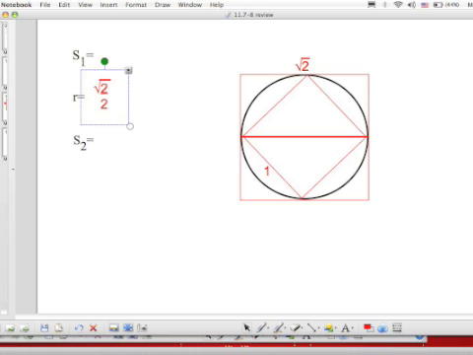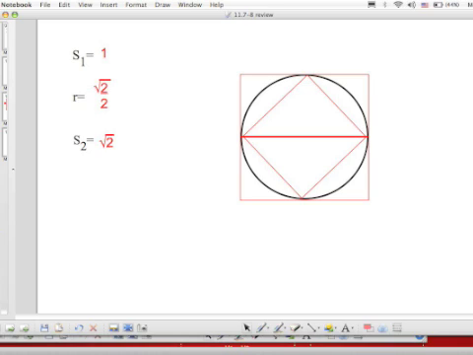So your radius is equal to this. The length of the side of your small square is this, and the length of the side of your large square is this. Now, if I said, what is the probability that a dart thrown at this target will land in the square?